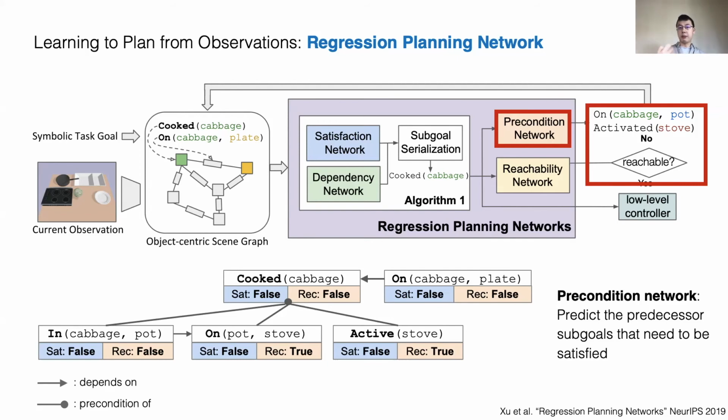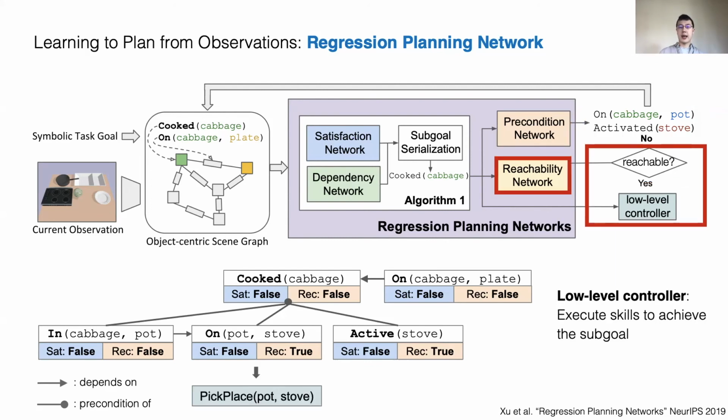So here, to make the cabbage cooked, we need to put the cabbage into the pot, have the pot on the stove, and also turn on the stove. These are the set of preconditions that have to be satisfied in order to achieve this milestone goal. And finally, the reachability network says yes, which means the next immediate sub-goal of putting the pot on the stove can be directly reached by one pick and place action. So we execute the low-level controller to achieve this goal.